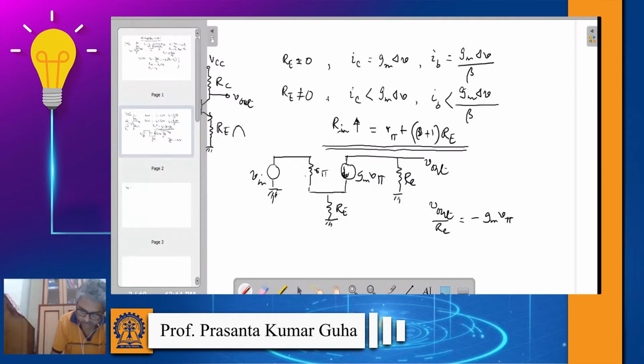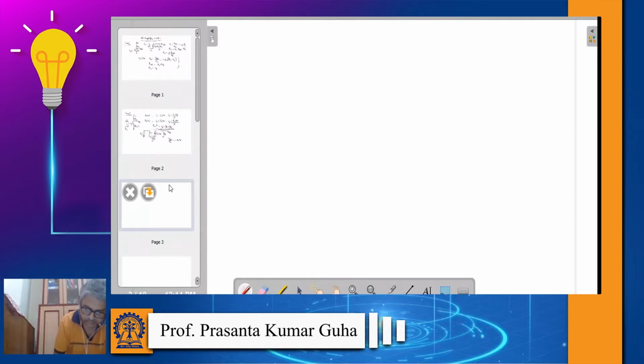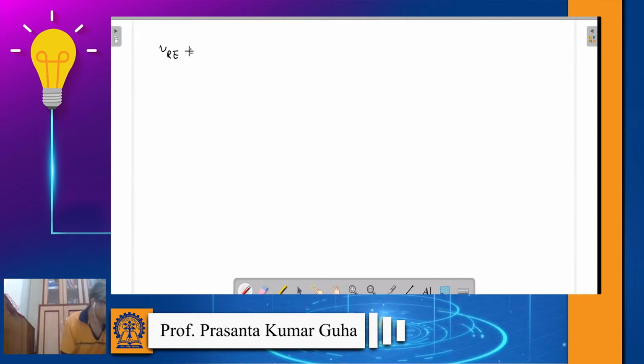One is current from this side, and the other current is from this side. So if you calculate VRE, it will be V pi over R pi plus gm V pi, multiplied by RE.